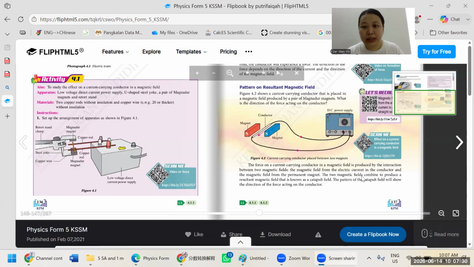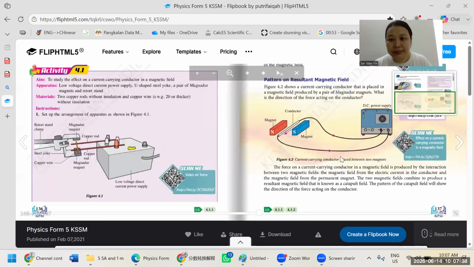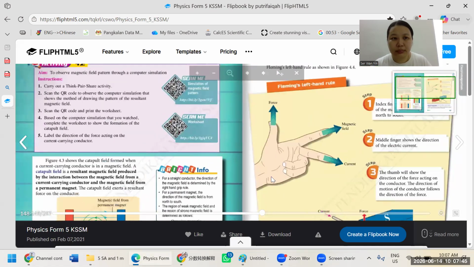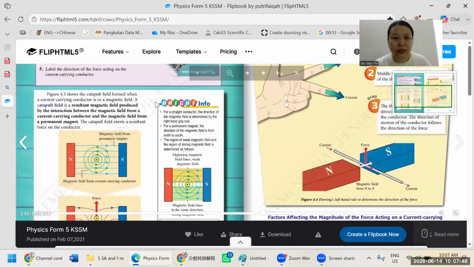Okay, so actually, last time I think I didn't tell. We just directly draw the pattern. It's over here.